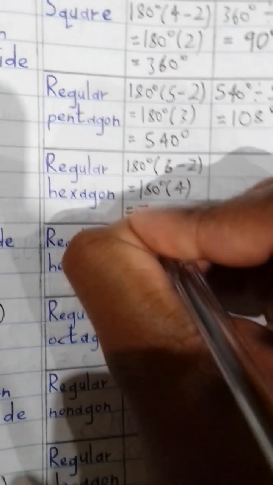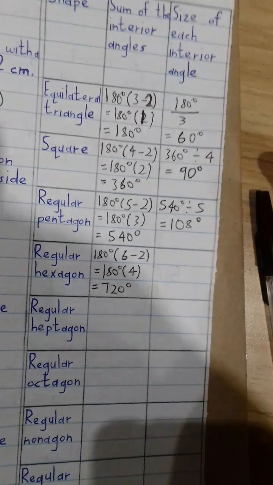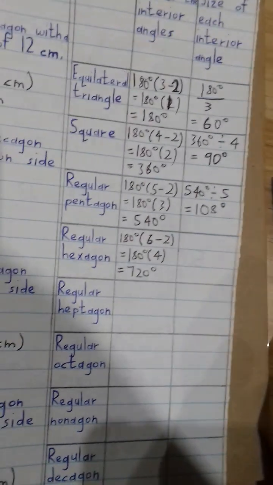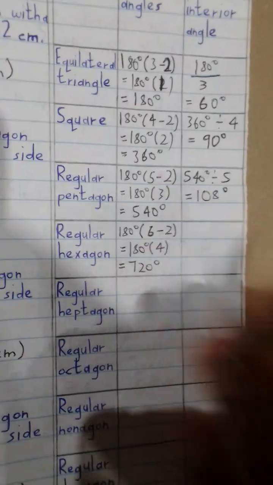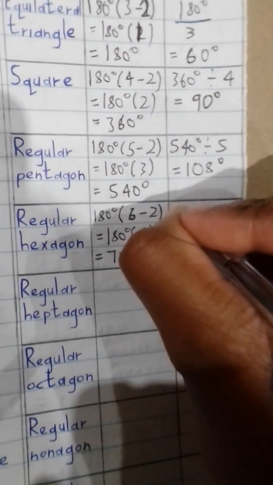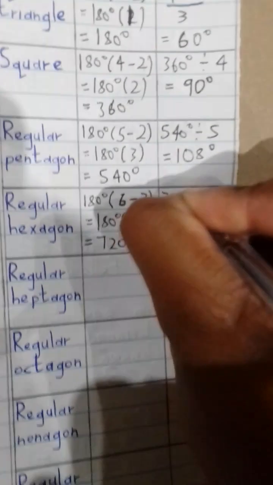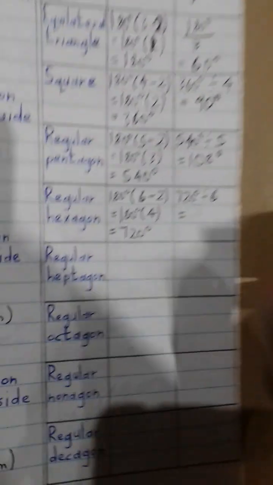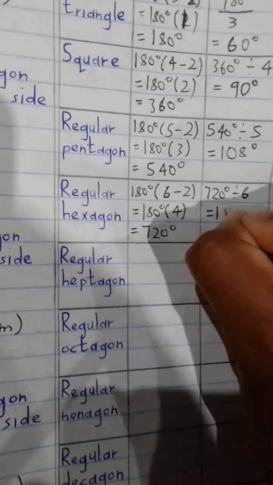So 720 degrees. Right? So the size of each interior angle of a regular hexagon is 720 degrees divided by 6, and I get 120 degrees.